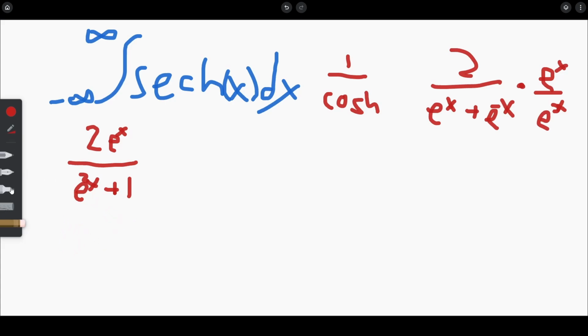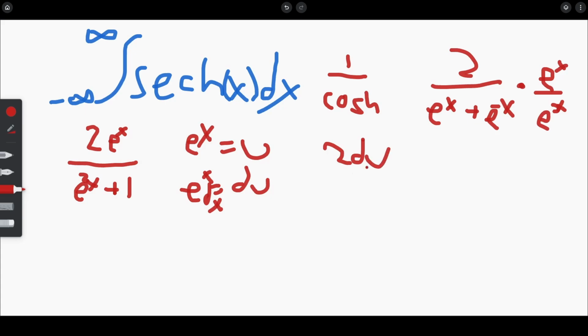So let's set up our substitution. We'll set e to the x equal to u, and this one always works out easy. du is equal to e to the x dx. We'll sub that in, and now we have 2 du over u squared plus 1.